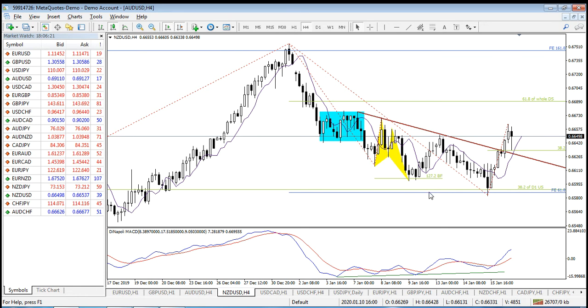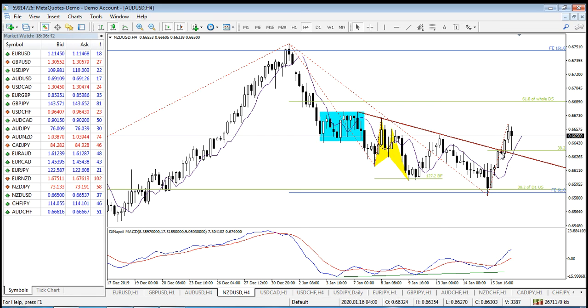In the last video of NZD USD, I had told that all retracements are around 50 or 55 pips. This previous retracement was 50 or 55 pips. This was also something around 54, 55 pips. And from this point to this trend line, this was also around 53 pips or something like that.